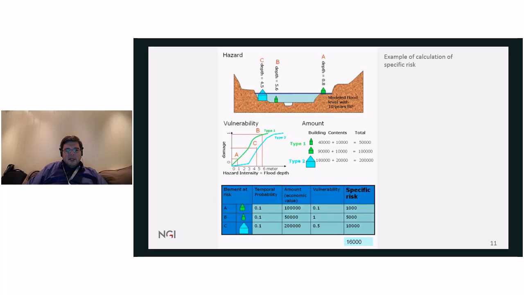Then the vulnerability comes just by looking at the degree of damage for each type of structure that we read directly by taking the hazard intensity from the horizontal axis.